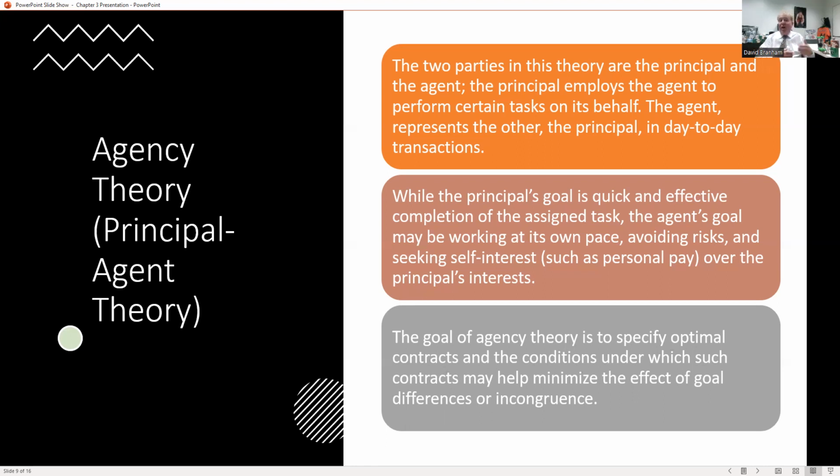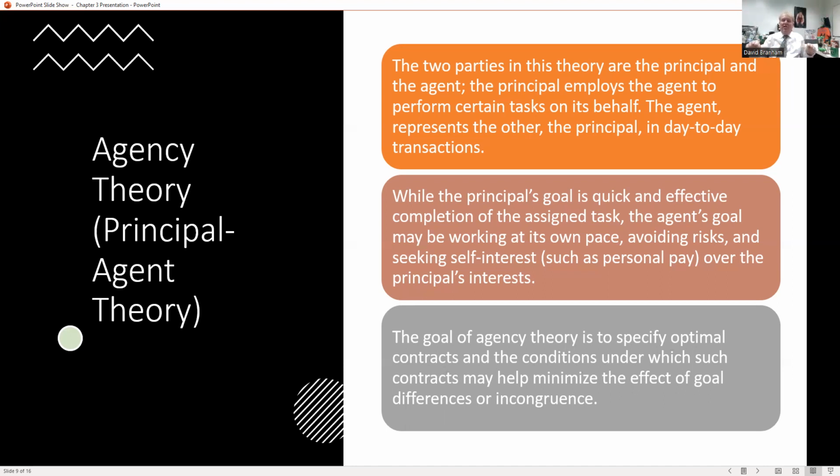And those interests are taking over at the expense of the principal's interests. So you have this principal agent theory going on. Principals have a self-interest. They hire an agent to express and complete their self-interest, but in the process, the agent has his own interests that start to take over and deplete the interests of the principal.